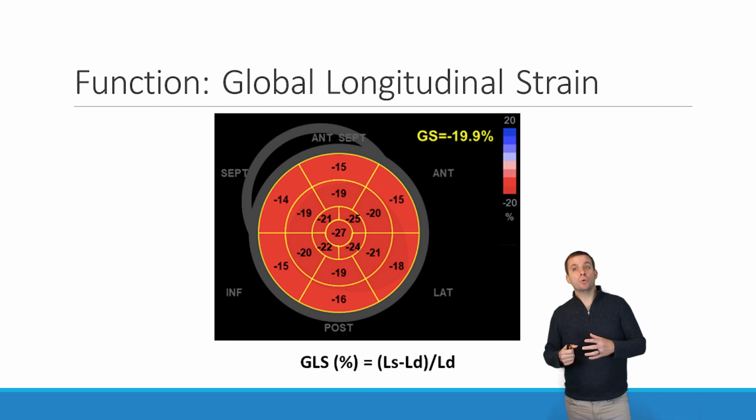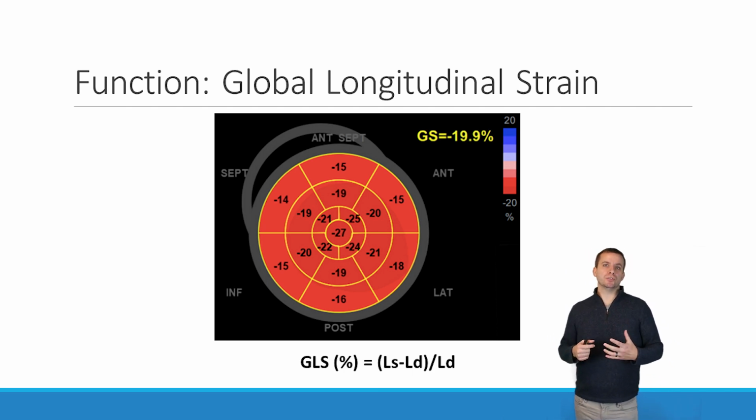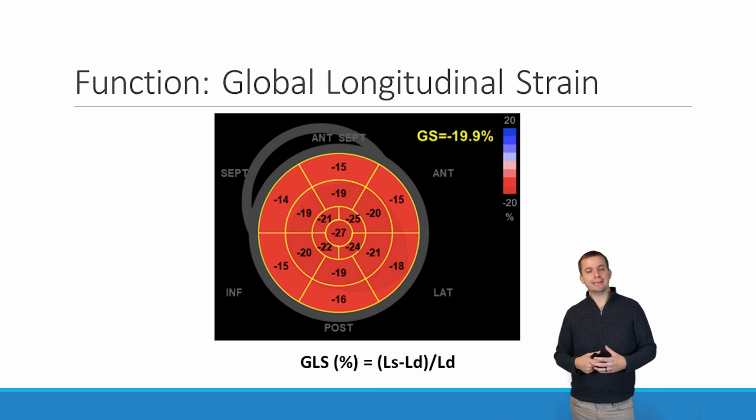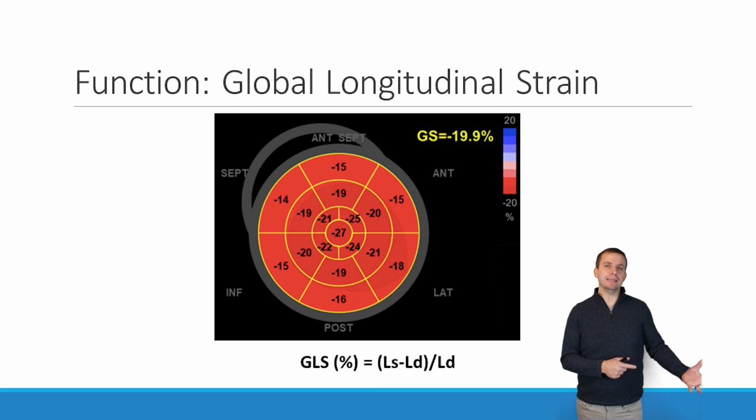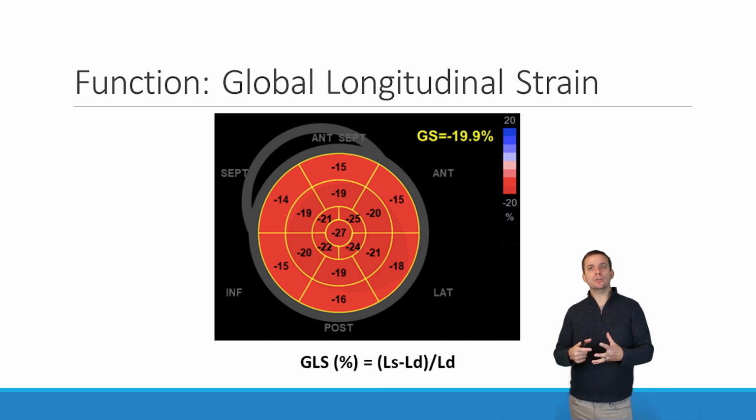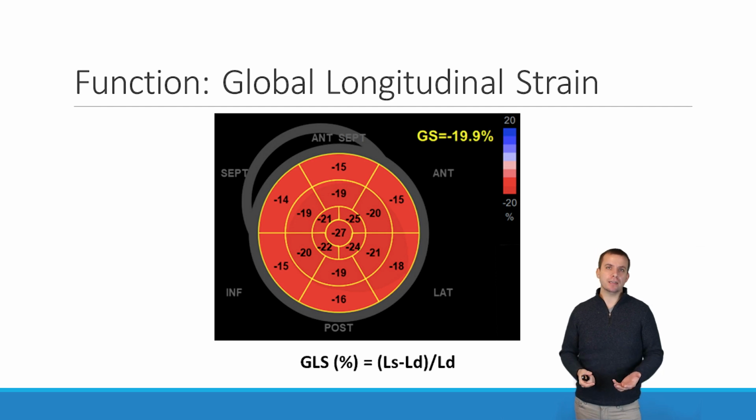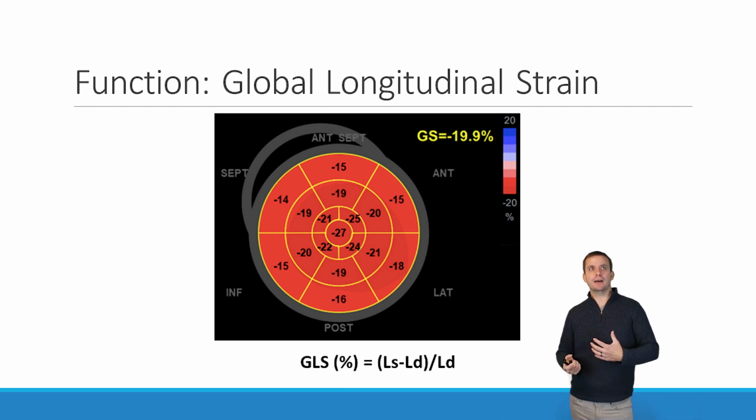People are starting to use more and more of what's called global longitudinal strain, and we look at how well the heart changes, and so how well it can squeeze, and it can give you an idea of what your systolic function is. It's more reliable than EF, and so it'll tell you how much it's changing during systole, and it's given in a negative number. So if it is negative 20 or more negative, then that's generally normal function, or around negative 18.